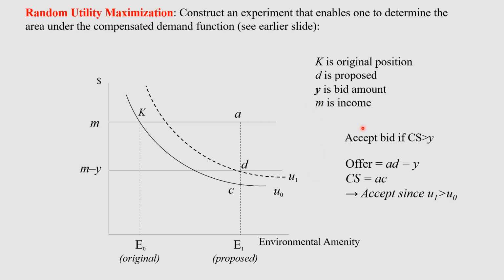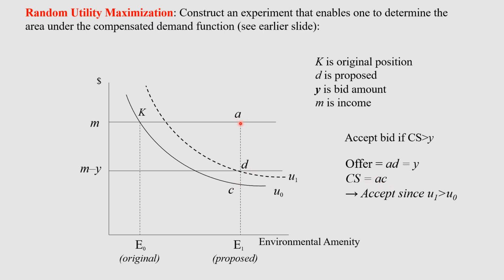So that's the bid amount, and they would accept the bid as long as the compensating surplus is greater than the bid amount. So the offer is AD, which is equal to Y, and the compensating surplus is AC.